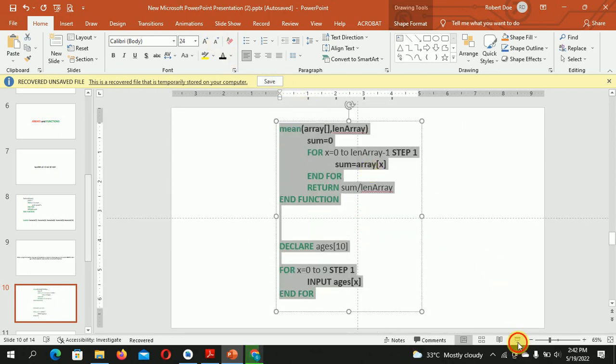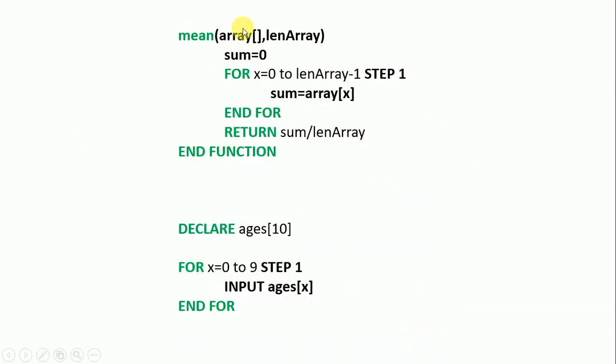Alright, so on the screen I declared my function above my code, and I now passed in the array that I declared over here. By the time we cross this code, ages would have had the values we want, and then we have sum equals 0, whatever, eventually to return mean.